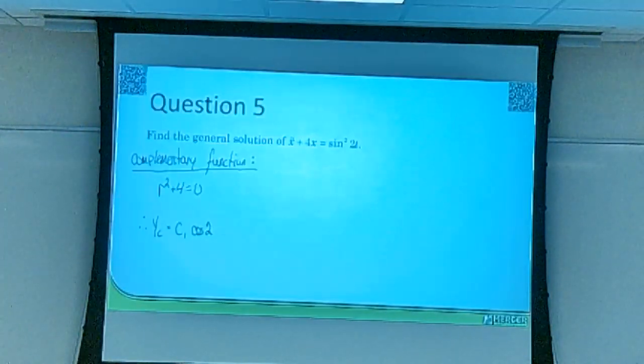It shouldn't be y, right? It should be x. There's the complementary function. x1 is cosine of 2t, x2 is sine of 2t.